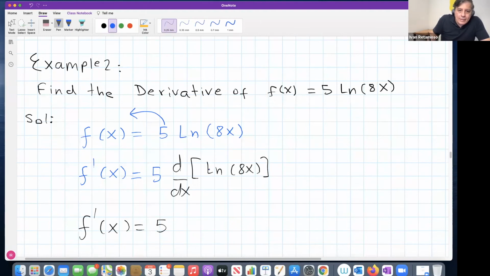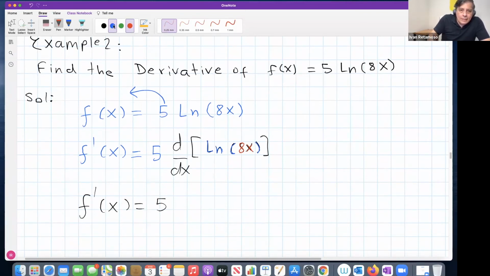Notice that the rule says if you have a function for the argument of your natural log, then you have to use the chain rule. You have to consider natural log to be your outside function and 8x to be your inside function. So you go ahead and say, okay, the derivative of the outside function natural log is 1 over the argument, so 1 over 8x. But this must be multiplied by the derivative of 8x.